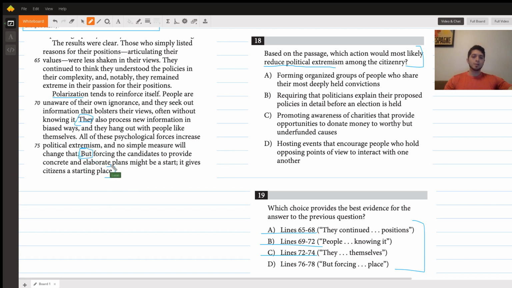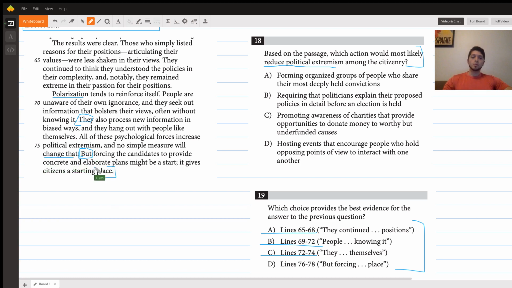If we step back a little bit outside this text, we see that it starts by saying all of these psychological forces increase political extremism, and there's not a simple measure that will change that. So we just went through all of these different psychological forces which make political extremism and polarization more likely, and there's no simple way to solve the problem.